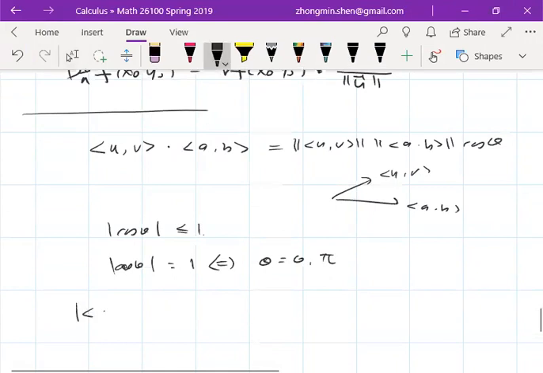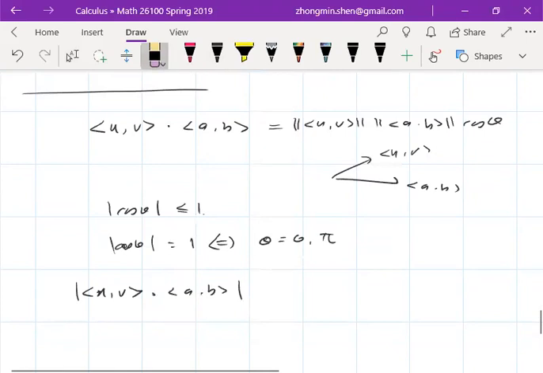So if we look at this inner product, you will see that if you want to get the absolute maximum, this is always less than or equal to that.